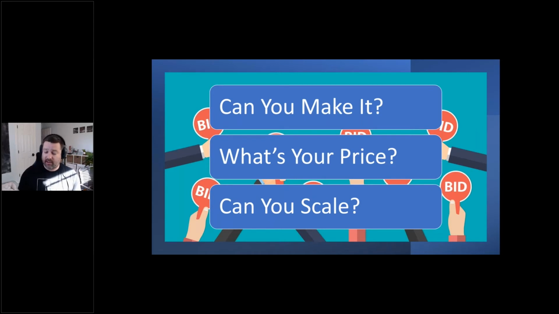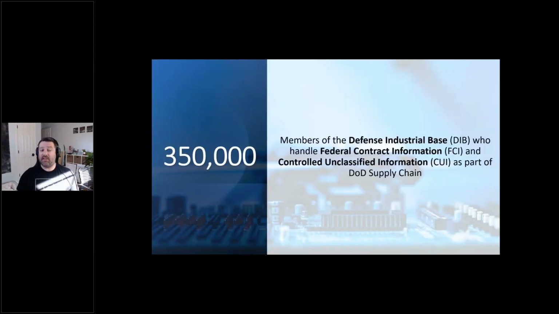of Defense contract. And that has led us to this point where there are about 350,000 businesses that are part of the defense industrial base. That term, DIB, is something you're probably going to hear a lot of. And you as an organization out there probably know whether you're part of the DIB or not. And you may know whether or not that's something that's interesting to you to become part of it.